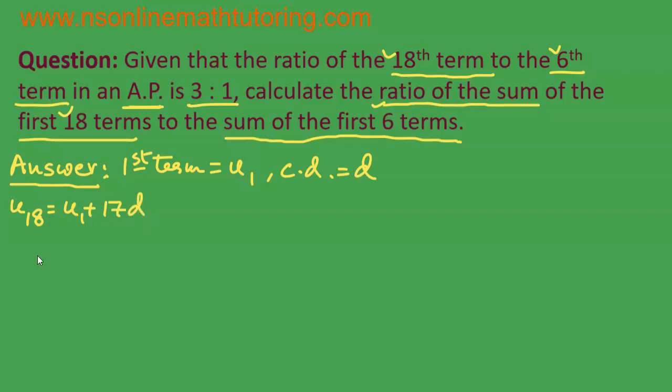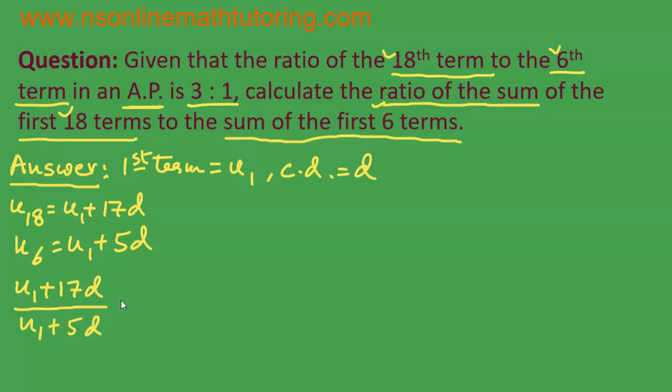And what is U6, the 6th term? It is U1 plus 6 minus 1, that is 5D. And the ratio is U1 plus 17D over U1 plus 5D is equal to 3 over 1.